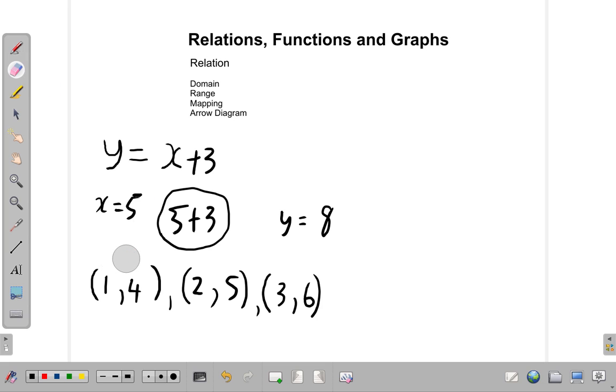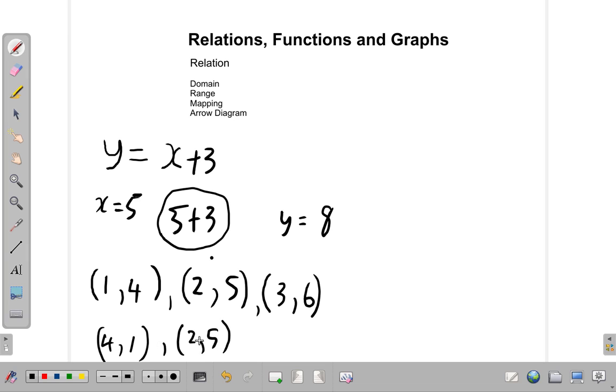Now, what we have here is our set of ordered pairs. They are in pairs because you have one number here and the other number here inside the bracket. You have one here and one here inside the bracket. One here and one here inside the bracket. So these are in pairs, all right? Now, they must be in order because you cannot switch this around and say 4, 1 and continue with 2, 5.